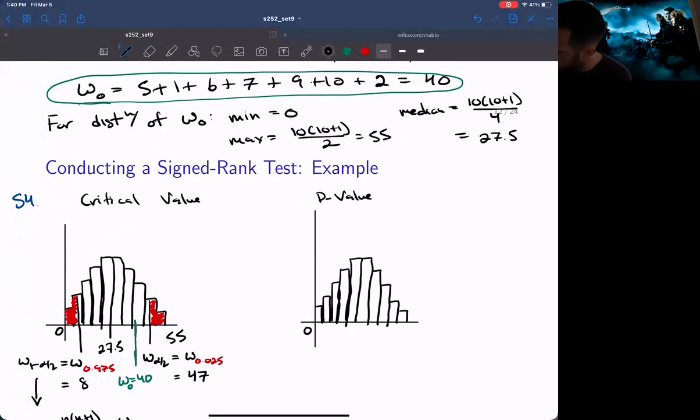Okay, so again, we have 55 here. We have 27.5 here. Now we're looking for a p-value. So we mark down where the test statistic is. Let's say that the test statistic is about here.